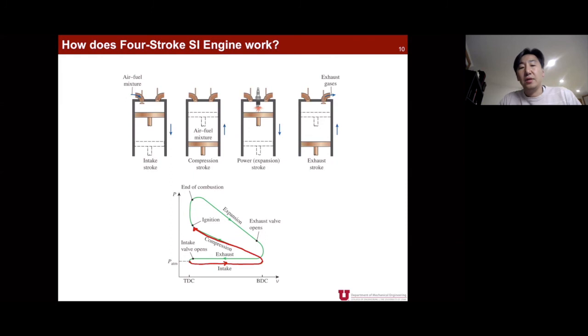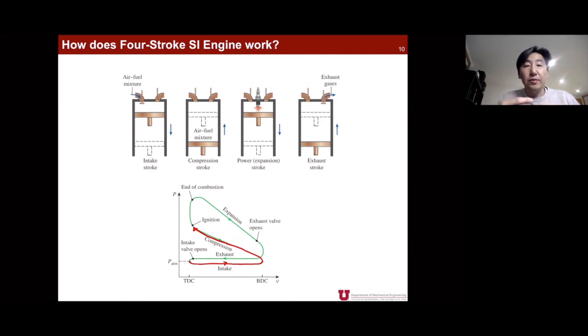As you clearly see, during the compression process, the air and fuel mixture is compressed to increase its pressure. Then at the end of this compression stroke, there is an ignition because of the spark plug. As I said, they are ready because they already have high temperature and high pressure.